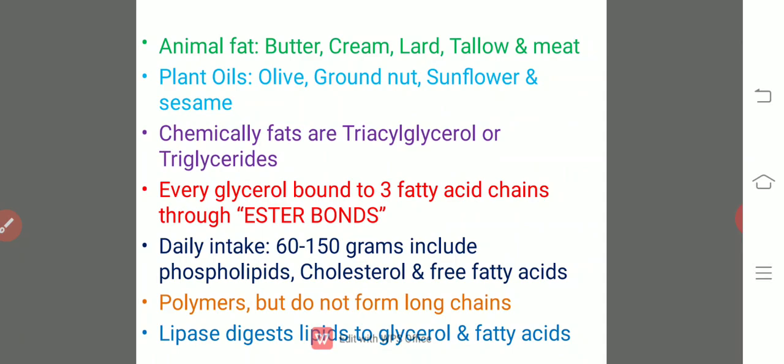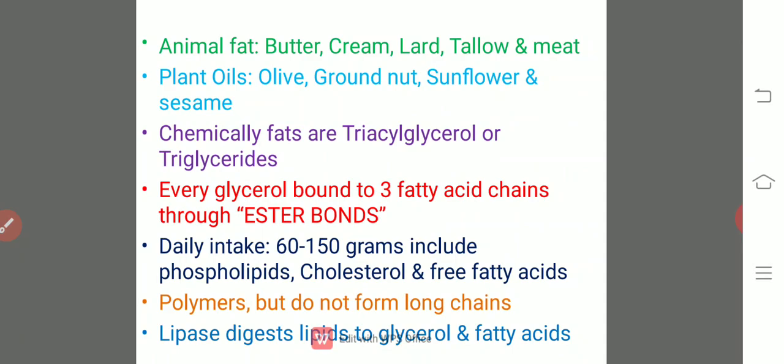The enzymes which are essential for the digestion of the lipids are known as lipase or lipases. They break down the lipids into glycerol and the fatty acids.